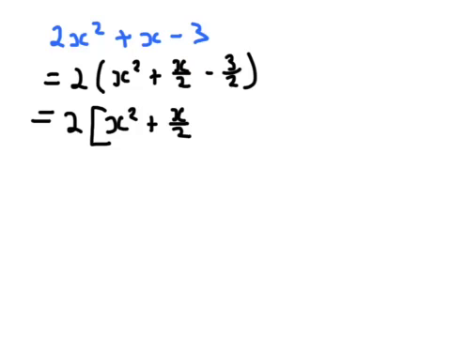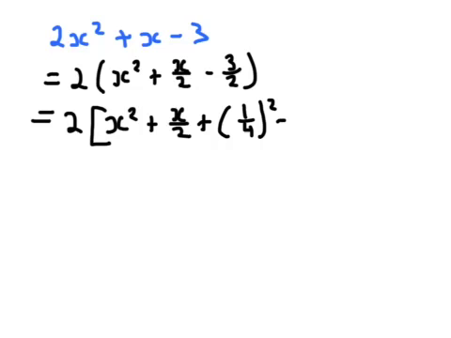So the coefficient of x here would be a half. And what we've always done is half the coefficient and square it. So a half of a half is a quarter, isn't it? And so we're going to add the square of that, to be more accurate. So plus a quarter, half of a half is a quarter, and square it.